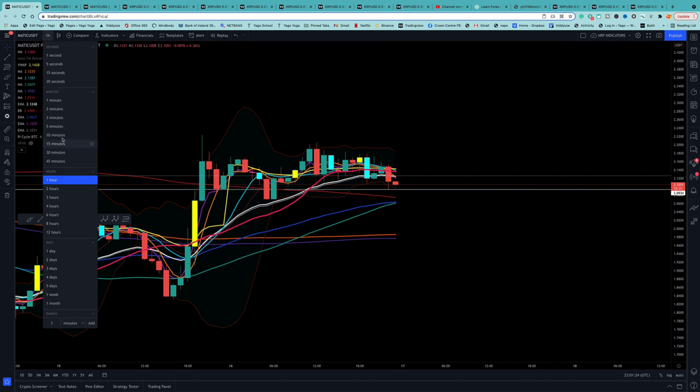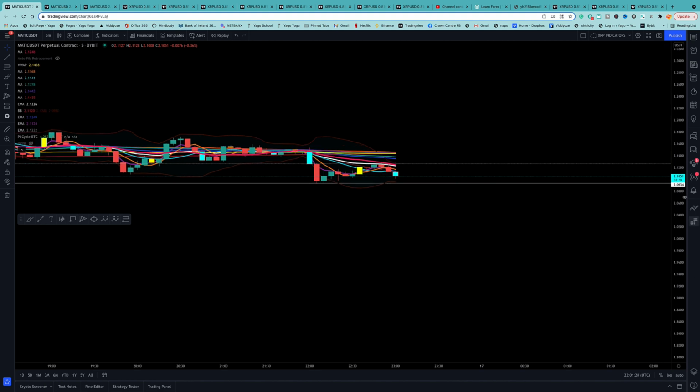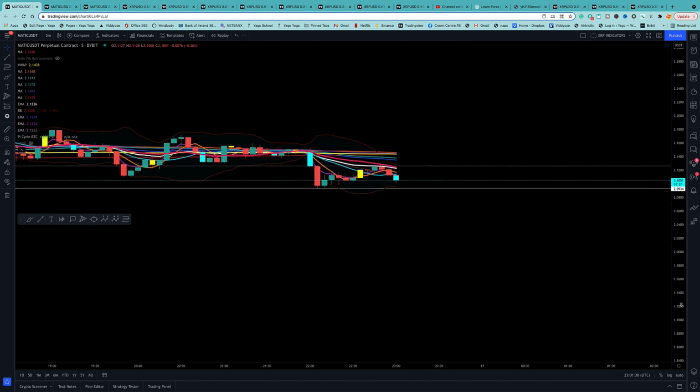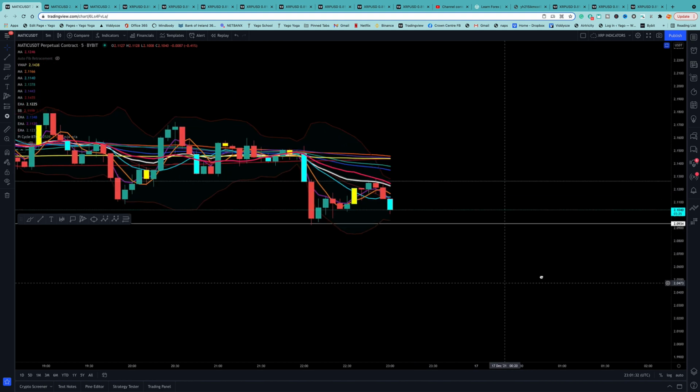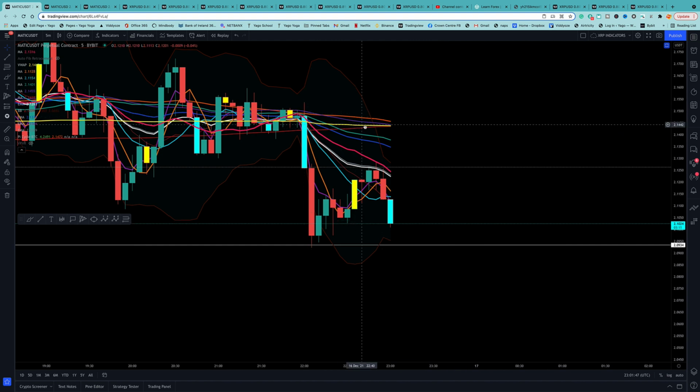Now I'm going to go into the 5-minute moving average and let's have a look at what this tells us. On the 5-minute, it's like a micro indicator of where the rest of the pattern could potentially go. There's the VWAP.